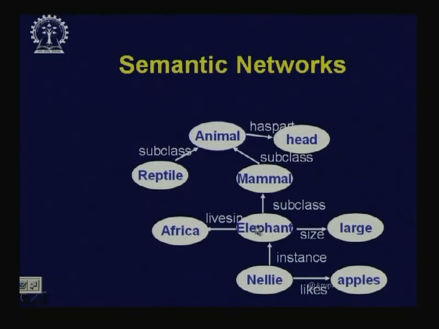So, I do not find the answer here. I go up one level higher. Elephant is a subclass of mammal, and I search for this, and no, I do not have an answer here. So, I again go up to animal, and there I find that yes, animal has part head. Therefore, Nelly has part head.